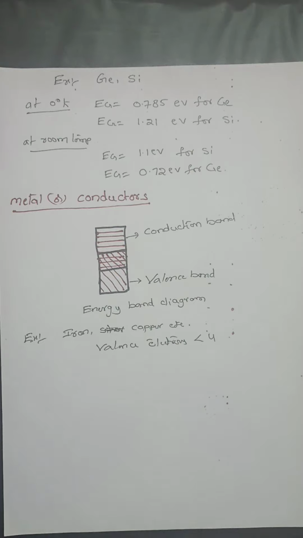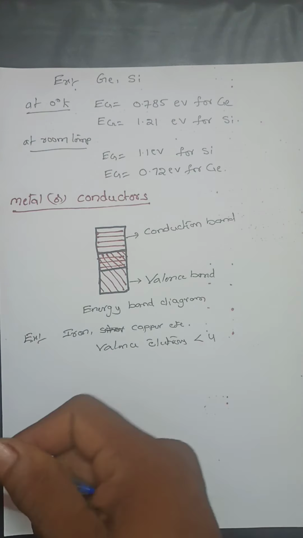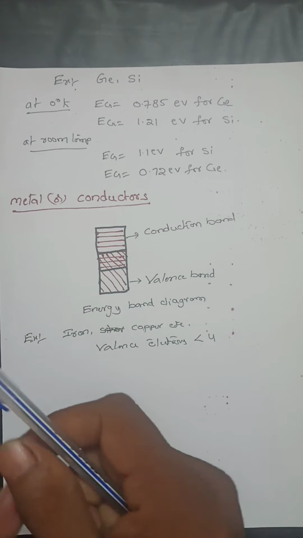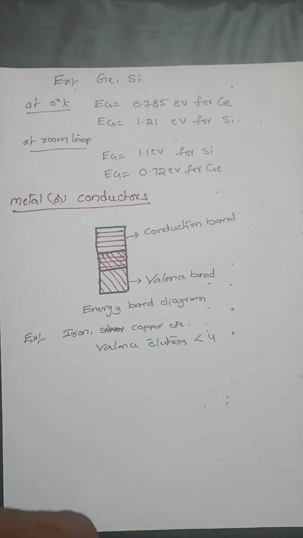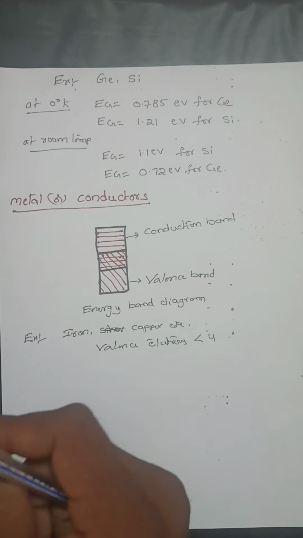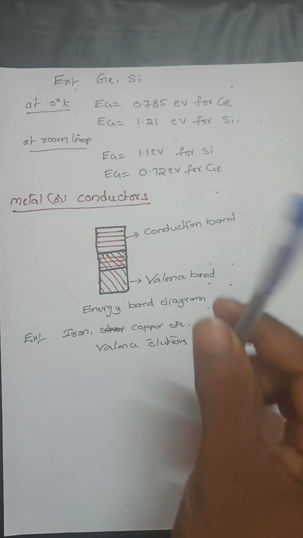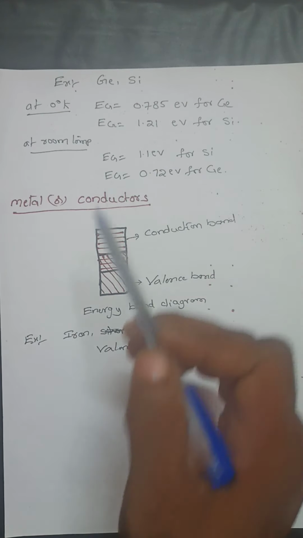Because silicon and germanium are examples of semiconductors, which sometimes act as insulators and sometimes as conductors. At room temperature, silicon or germanium act as conductors, and at 0 degree Kelvin semiconductors act as insulators.